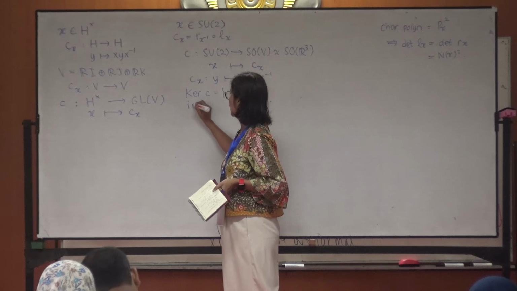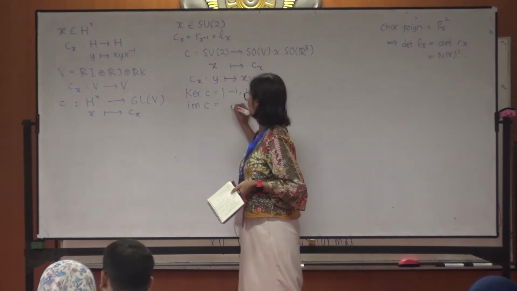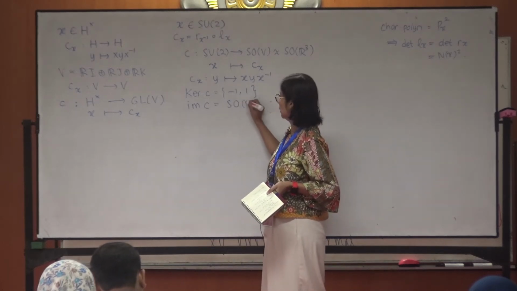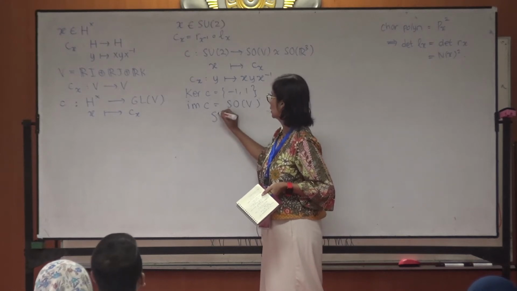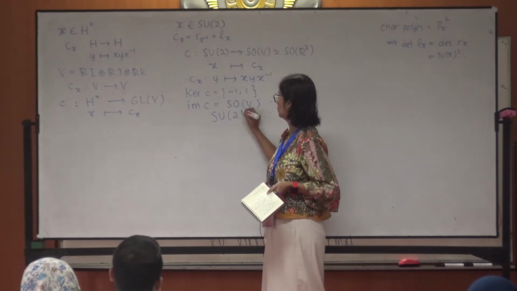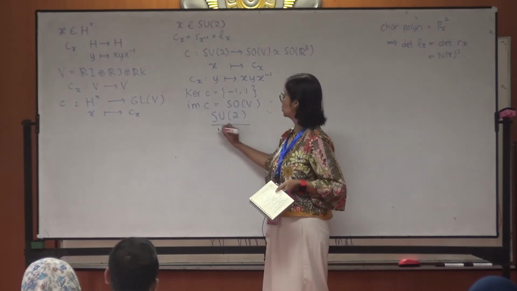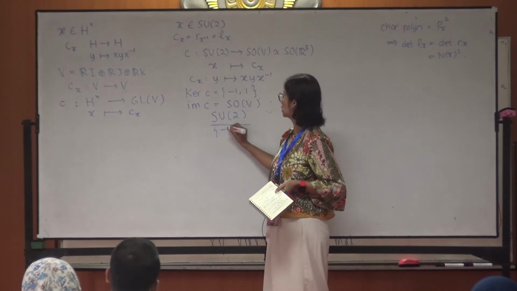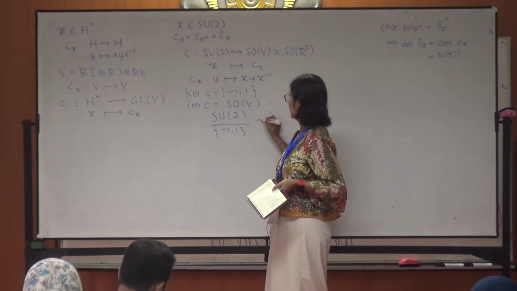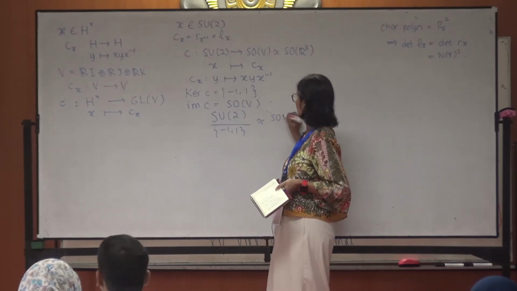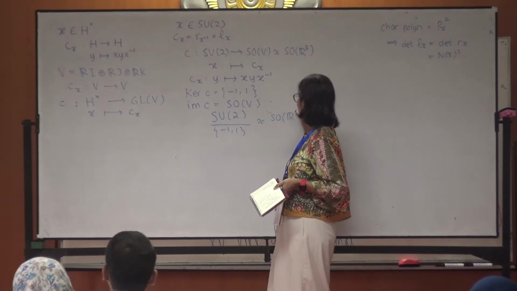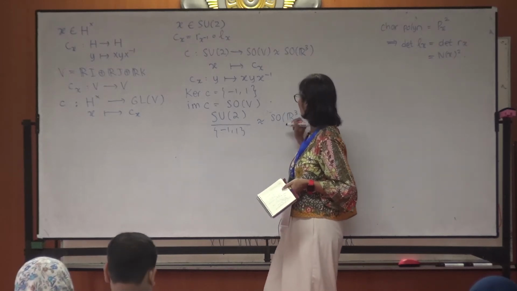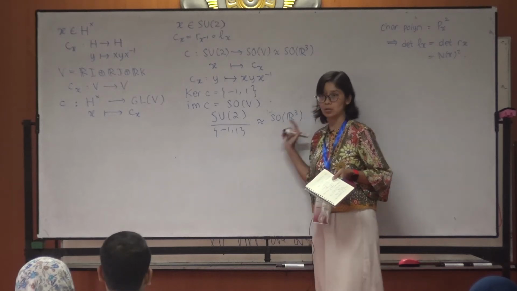By showing that the image is SOV, we will get later on the isomorphism SU2 modulo {-1, 1} is isomorphic to SOV, or SOR3, or we usually also call it SO3.